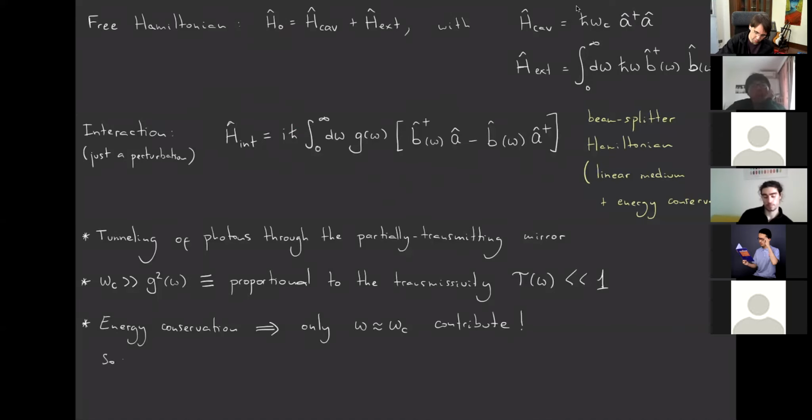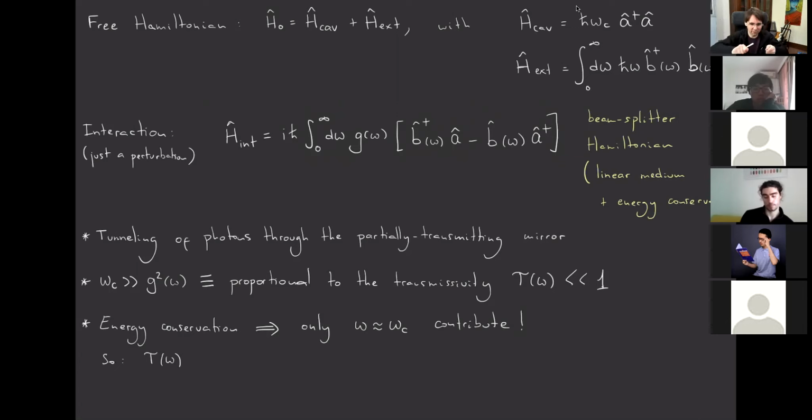Okay? This allows us to do two very important approximations. The first approximation is about the transmissivity of the mirror. I said that it depends on frequency, but in general, mirrors are made such that in a large bandwidth of frequencies, they have the same reflectivity. You don't want a mirror that, for, I don't know, 400 nanometers has 99% reflectivity, and then for 401 nanometers it's 80%.